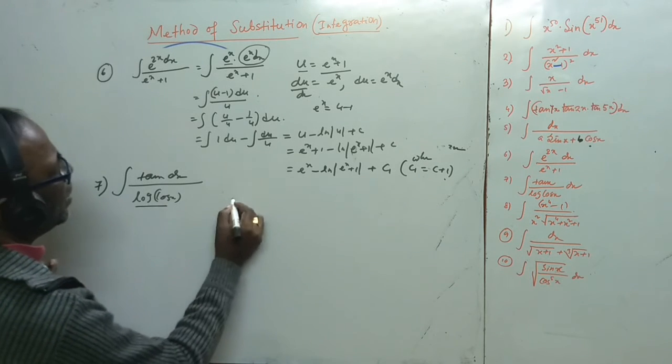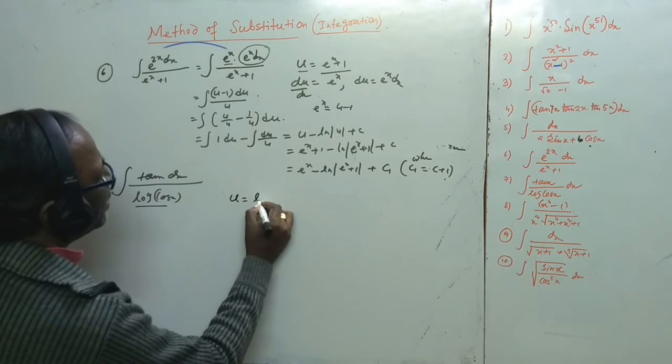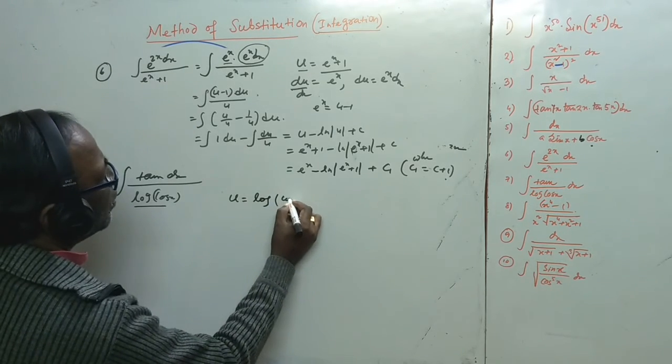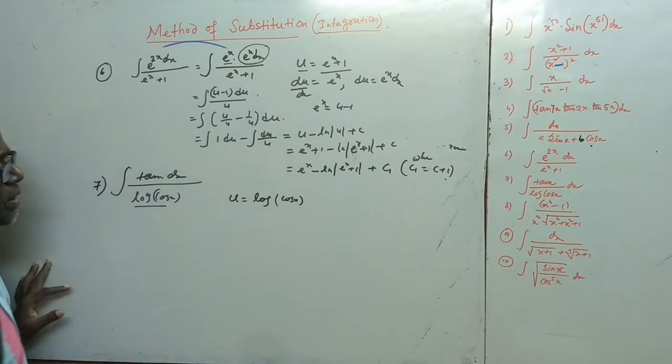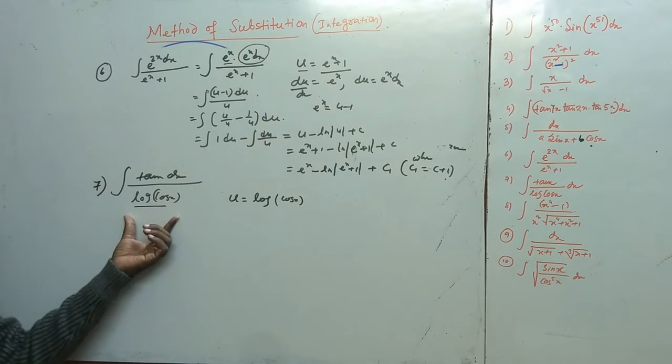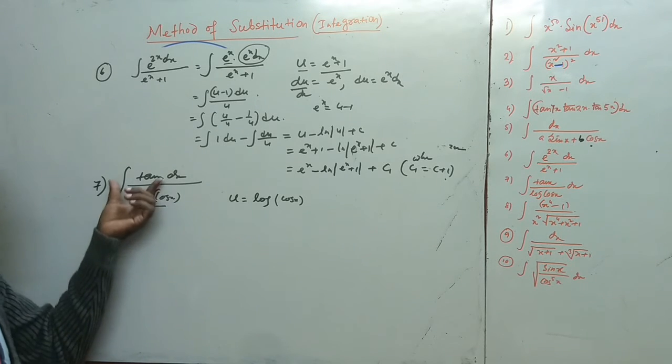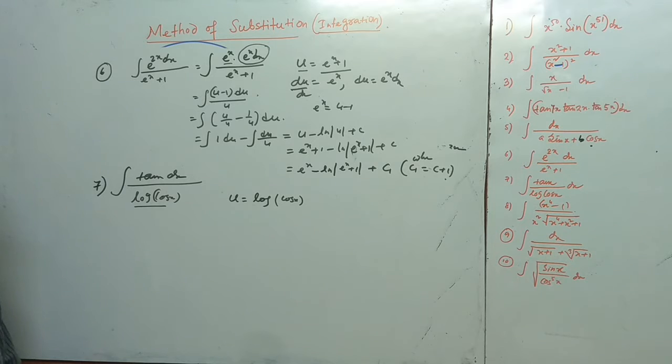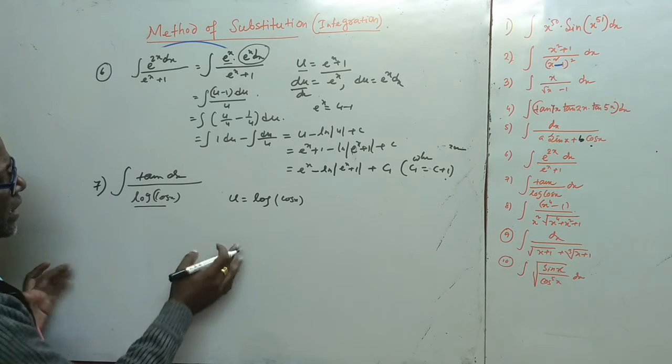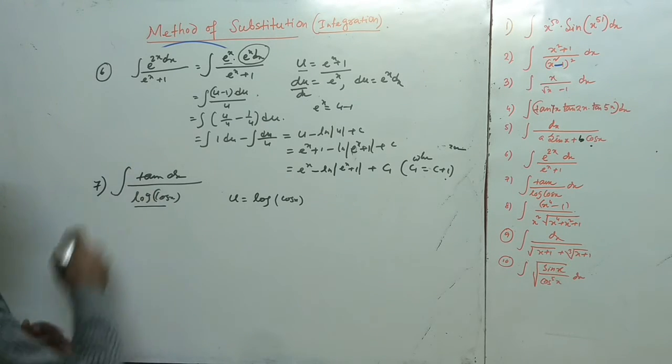Now let us assume, if we let it be cos x, but why let us assume like u? If we assume tan, then it is easy to differentiate, that is sec square. But here sec square does not belong to this integral. So another function we assume is u, and differentiate this and check whether we get tan x or not.